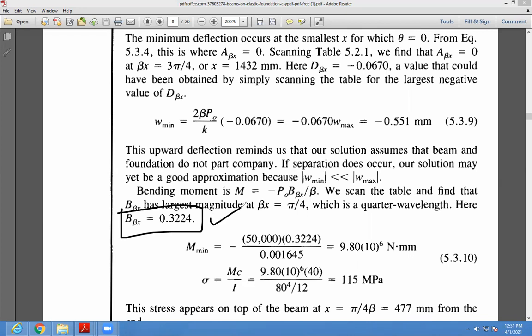If you refer to the equation of b beta x and put the value of beta x equal to pi by 4, you get the same value. Use the equation of b beta x which was written yesterday. Putting beta x equal to pi by 4 in that equation, you get b beta x equal to 0.3224.